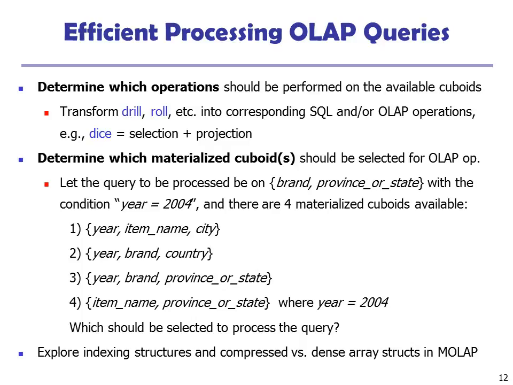Why is that? Because we know that finer granularities cannot be produced from coarser granularities, whereas you can produce coarser granularity from a finer granularity. What does that mean?